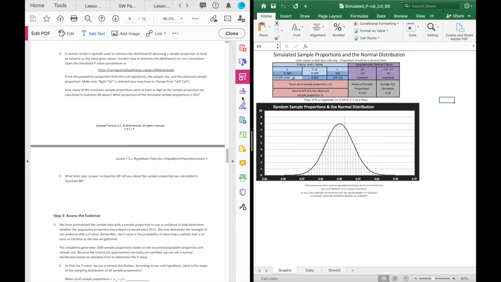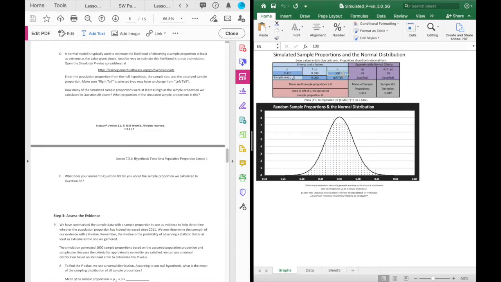I've pulled up the spreadsheet that the problem asks for, and it says enter the population proportion from the null hypothesis, the sample size, and the observed sample proportion. So I'm going to enter all of that here. For p, I'm going to put 0.41. And for n, my sample size, I'm going to put 516.